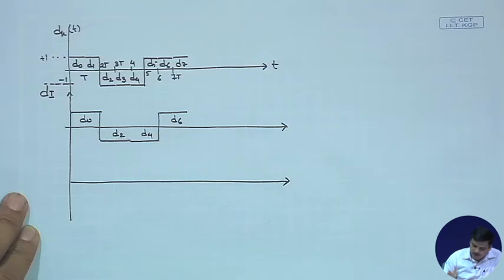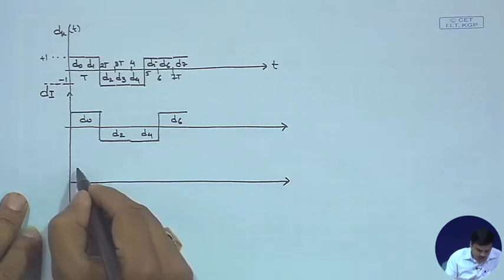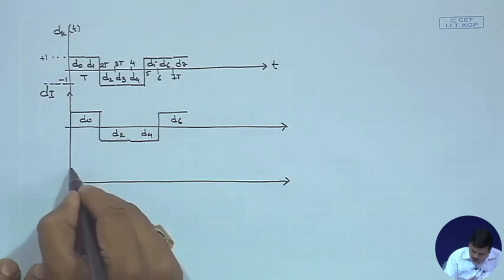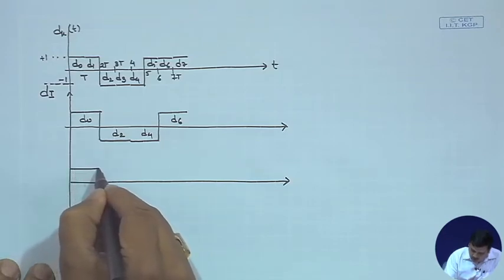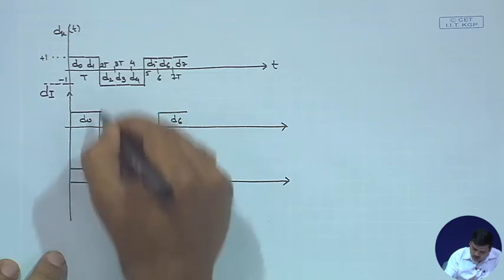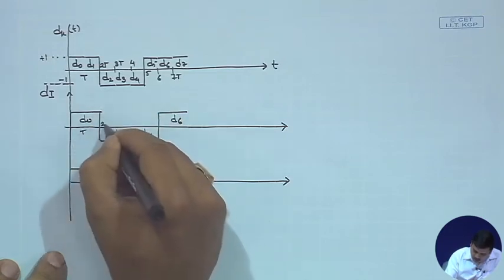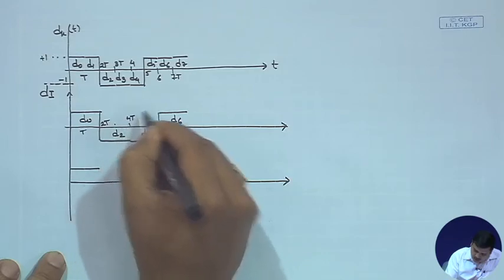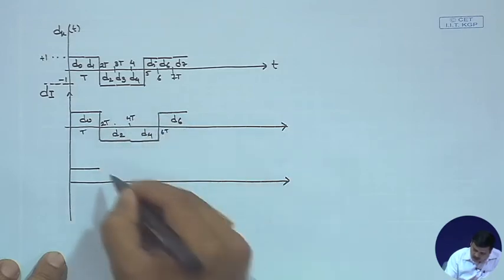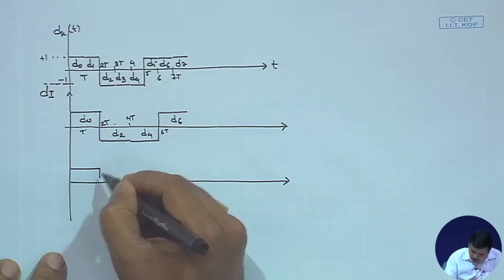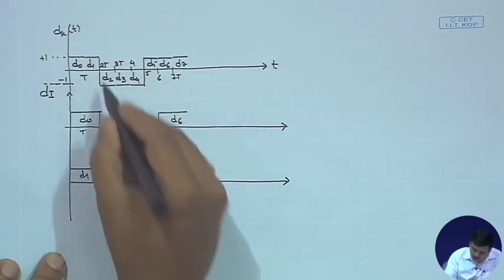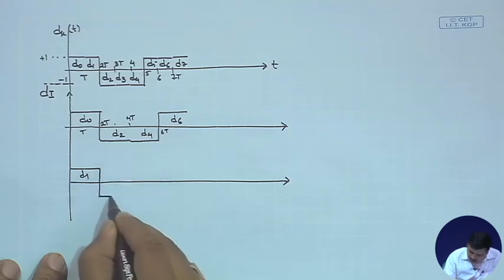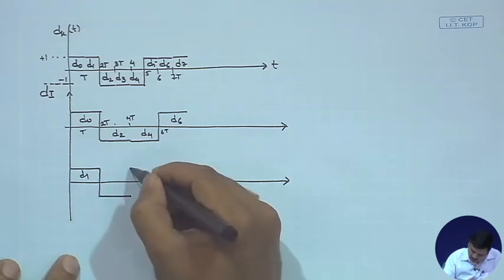Similarly, when we go there, we would have d1, and d1 would stretch from 0 to 2t. So, this is t, 2t, 3t, this is 4t, this is 6t, and then we have d1, then we have d3, then we have d5.